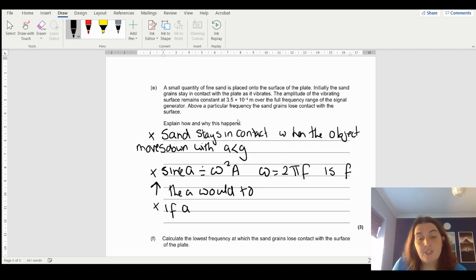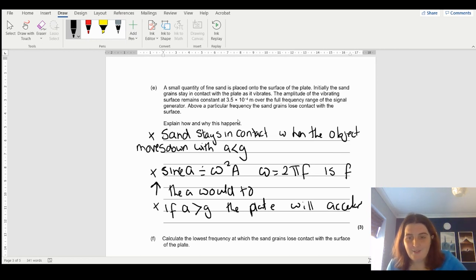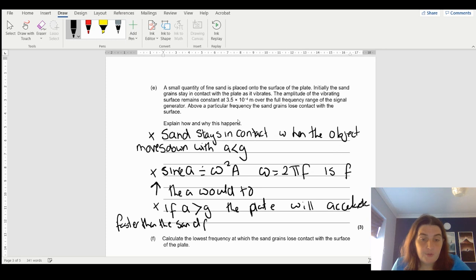If the acceleration becomes greater than g, the plate will accelerate faster than the sand falls, therefore it loses contact.